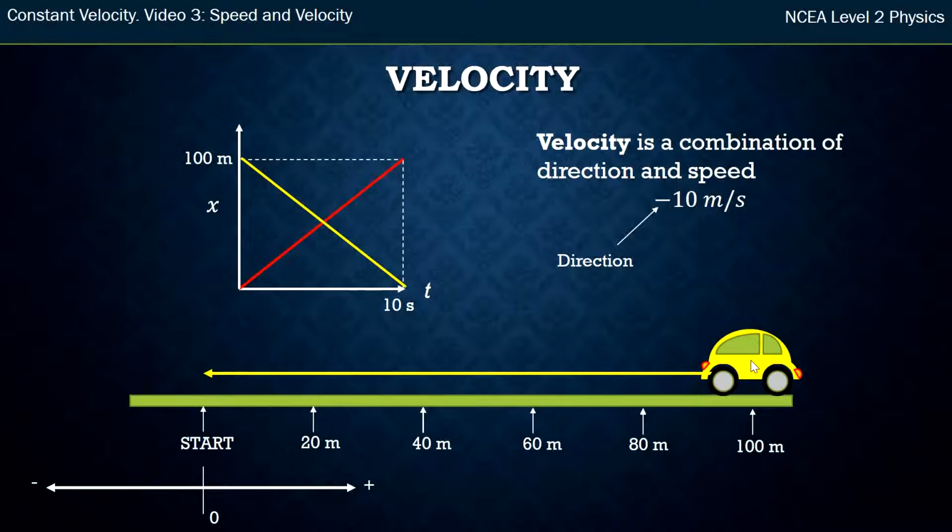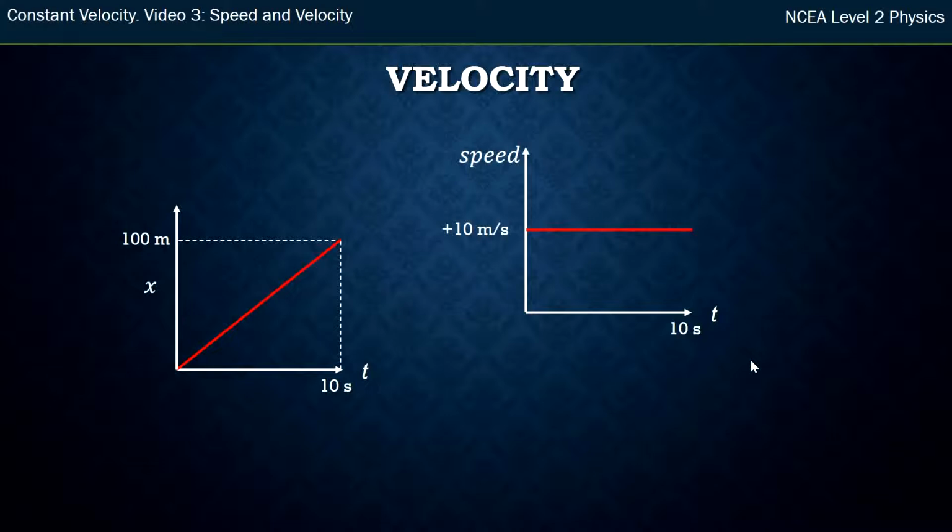This car is moving to the left, so it has negative direction. This is the big thing in physics, that we more often than not give direction, instead of saying left and right or north and south or up and down, as positive or negative. So velocity is a combination of that direction, the negative, and the speed, 10. If I'd just written 10, that would be a speed, but negative 10 makes it a velocity.